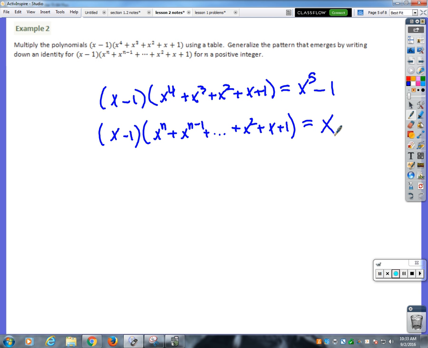If I started with an x to the 5th, I would end up with an x to the 6th. If I start with an x to the n, I'm going to end up with an x to the n plus 1. Good. And then all of those things in the middle are going to get cleared out by the negative 1 and the x. And then what is here at the end? Negative 1. Okay? So that's a little pattern.